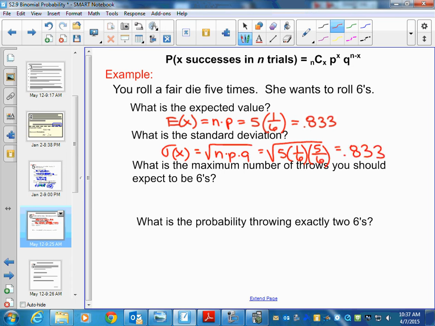Okay? So this next question is asking, what is the maximum number? It doesn't care about the minimum. So what that tells me is, when I'm calculating this, I need to take the expected value, which was 0.833, and I need to add the standard deviation to it, which also happened to be the same thing.